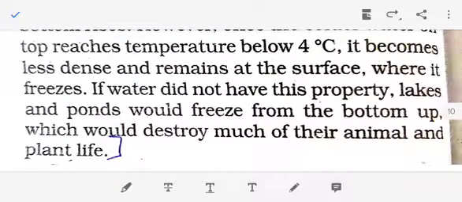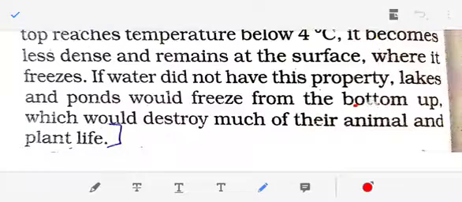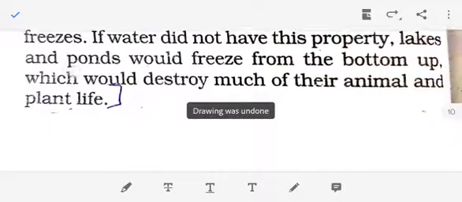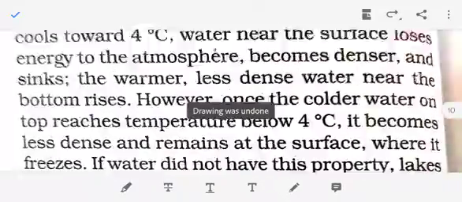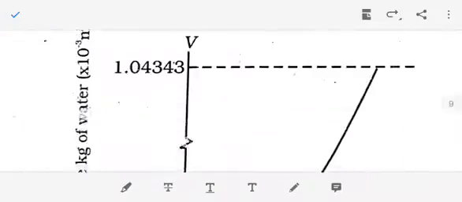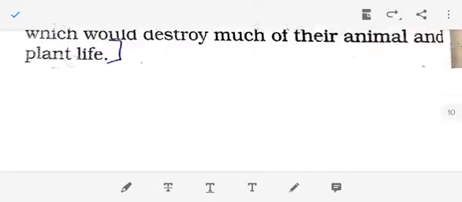If water didn't have this property, lakes and ponds would freeze from the bottom up, which would destroy much of their animal and plant life. So this anomalous behavior of water helps water animals.